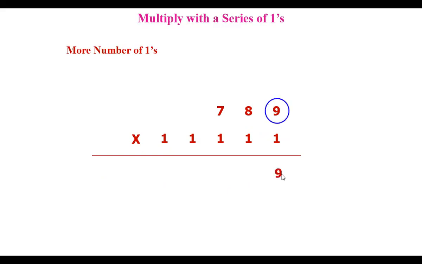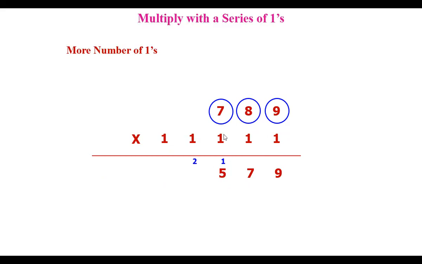Put 9 here in the units place. 2 numbers next. 9 plus 8, 17. 7 here and 1 in the next place. Next 3 numbers. So 9 plus 8 plus 7, 17 plus 7, 24. Already we have 1, 25. So 5 here and 2 here.